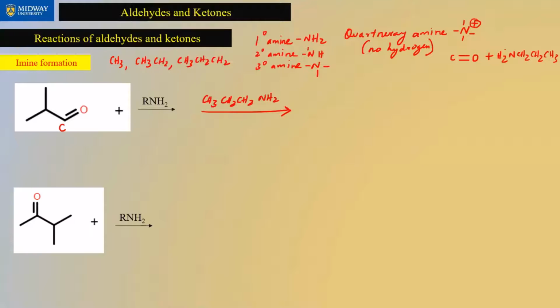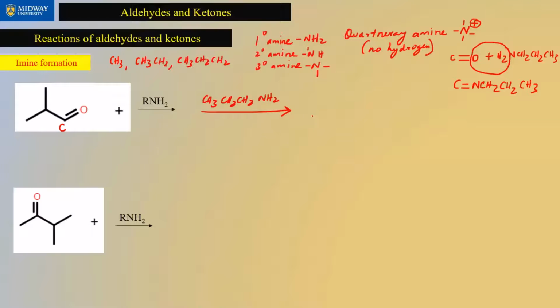Why? Because the H2 from the amine reacts with the O from the carbonyl, resulting in an elimination of water. So essentially we're writing C double bond N CH2CH2CH3. In this context, all you're going to do is attach the nitrogen in place of the oxygen.